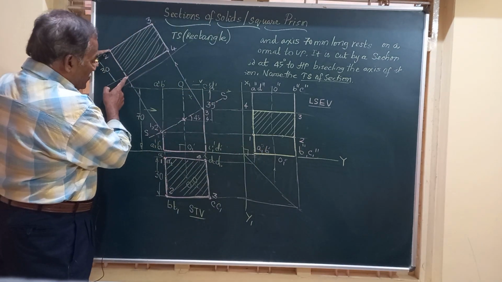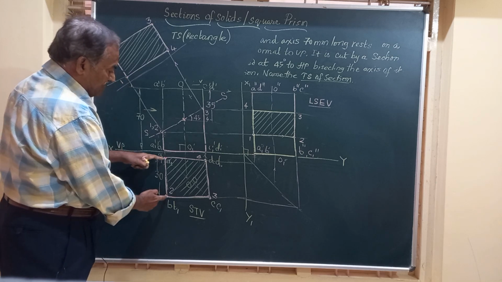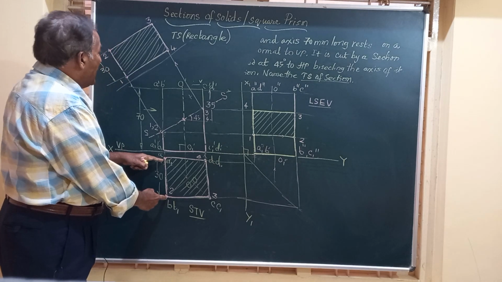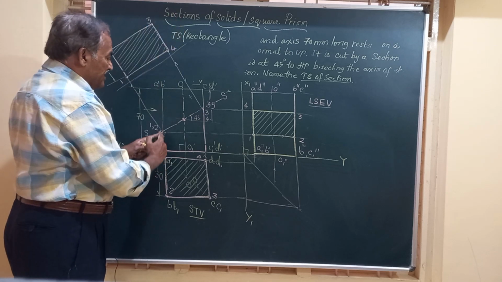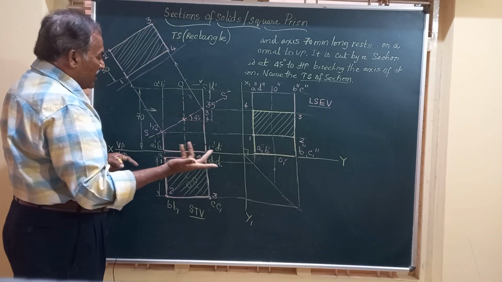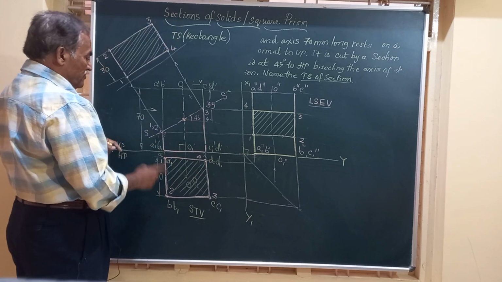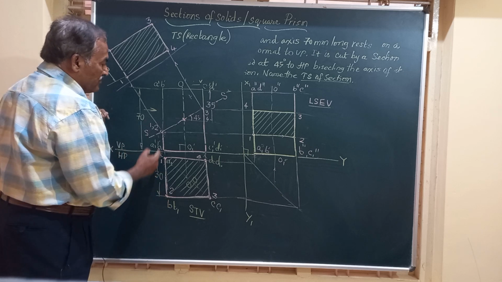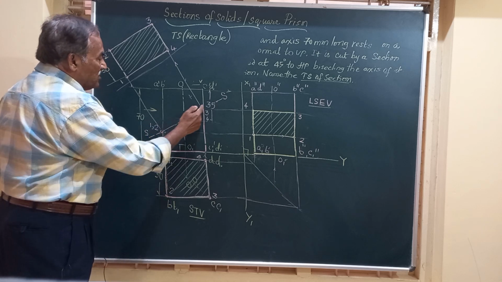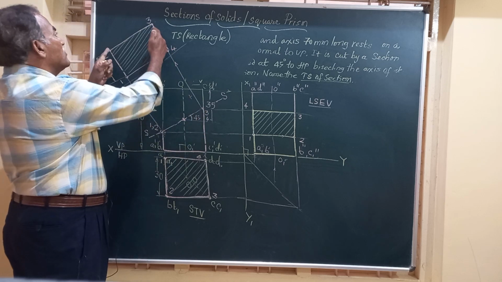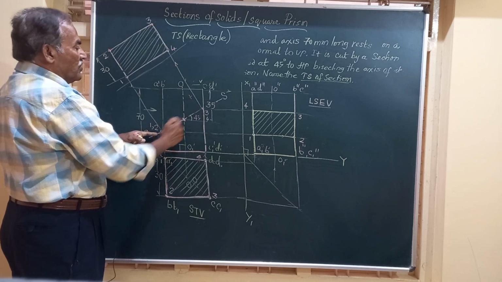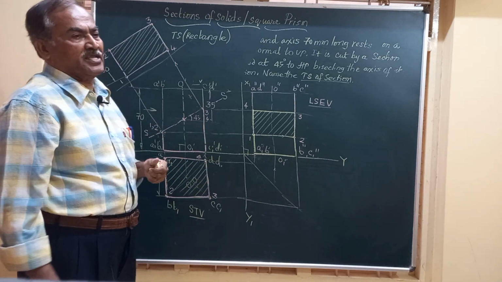Friends, 1 to 2 is this distance. And similarly, this 2 to 3 is that distance. So what we can do here, we can have the position of this 2 to 3, or the length of this 2 to 3 equal to this gap, and obtain the position of the section plane.